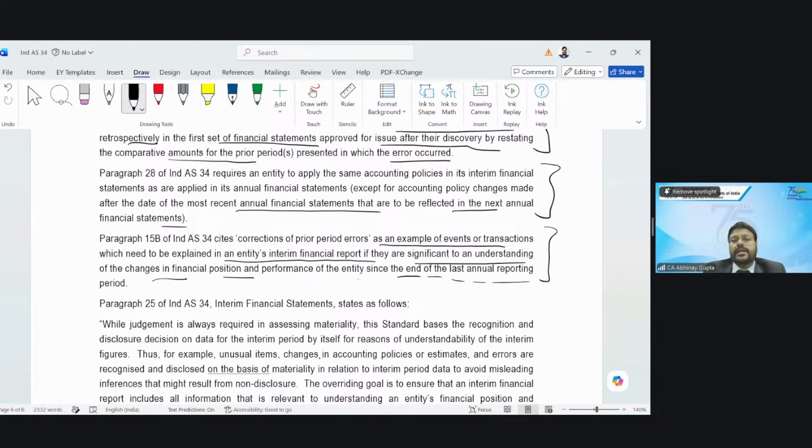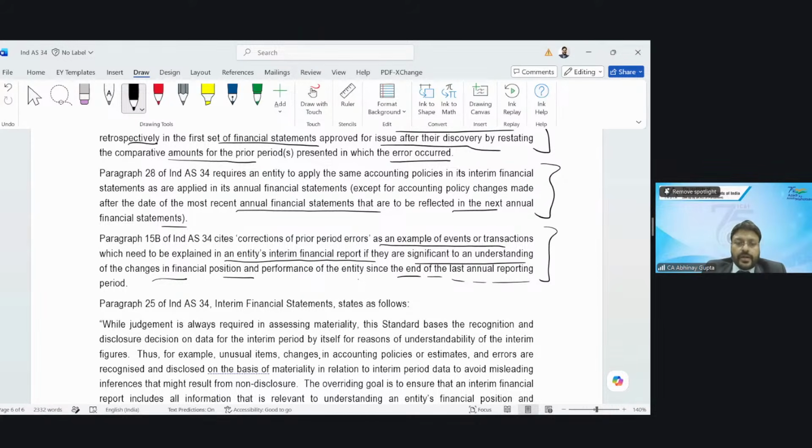Because we are correcting a material error, we need to explain this as well to the users of the financial statements in the form of disclosures within the quarterly results, right? Condensed financial statements and explanatory notes, right? So that users will be able to comprehend what actually went wrong and how we corrected it, what the impact on our P&L is, and how it is going to impact our annual financials, right?